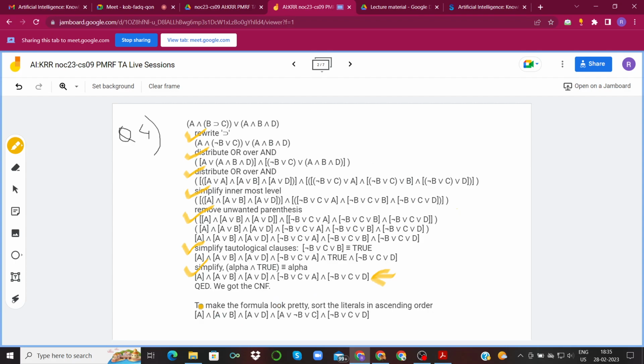We can rearrange it so that it looks pretty in alphabetical order or ascending order. So we will have A or B, and A or D, and A or not B or C, and not P or C or D. Okay, so this is what we have arrived at.